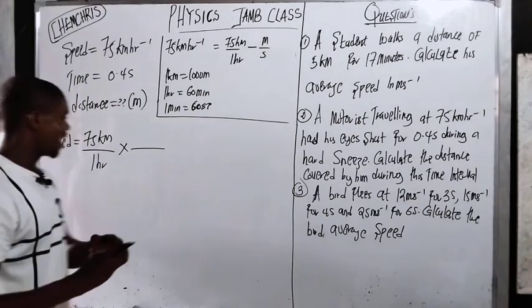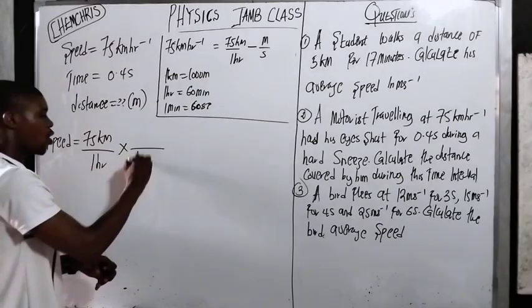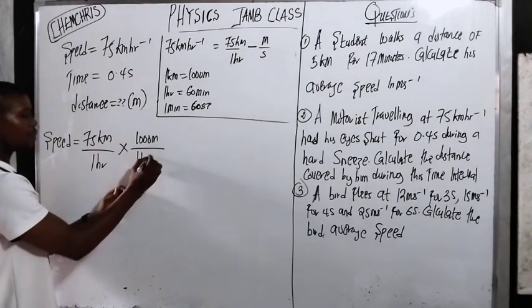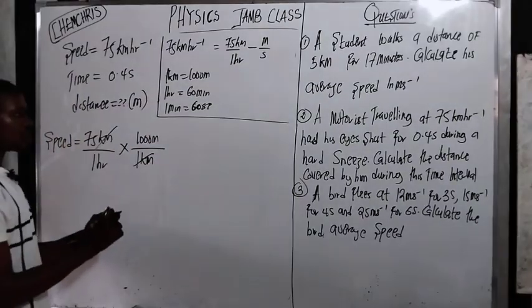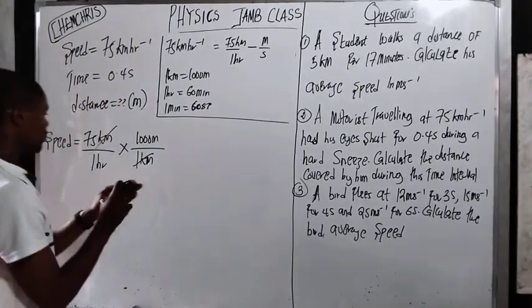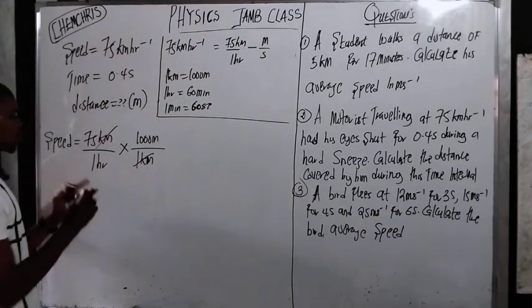My kilometer is already at the top here. If I bring some down here, I would have 1 kilometer, then 1,000 meters. So kilometer and kilometer will cancel. Do you understand? So you need to know how to do this conversion. Then I've converted my kilometers to meters here, right?